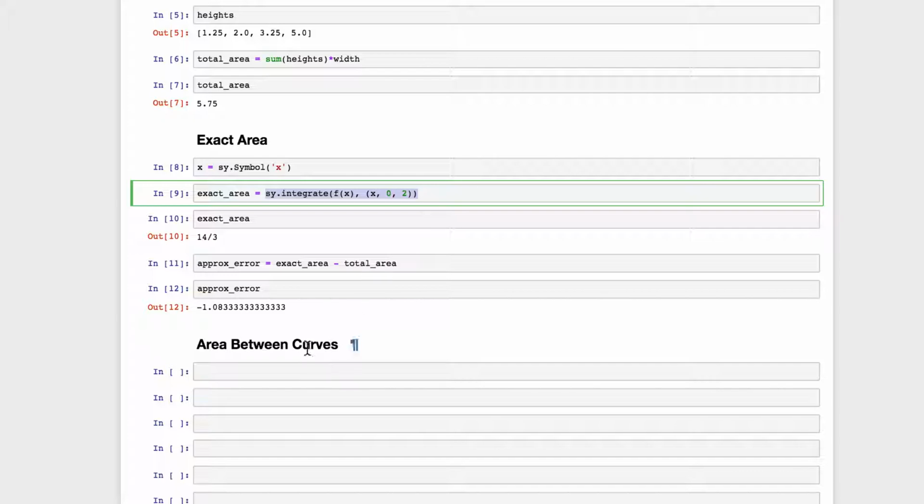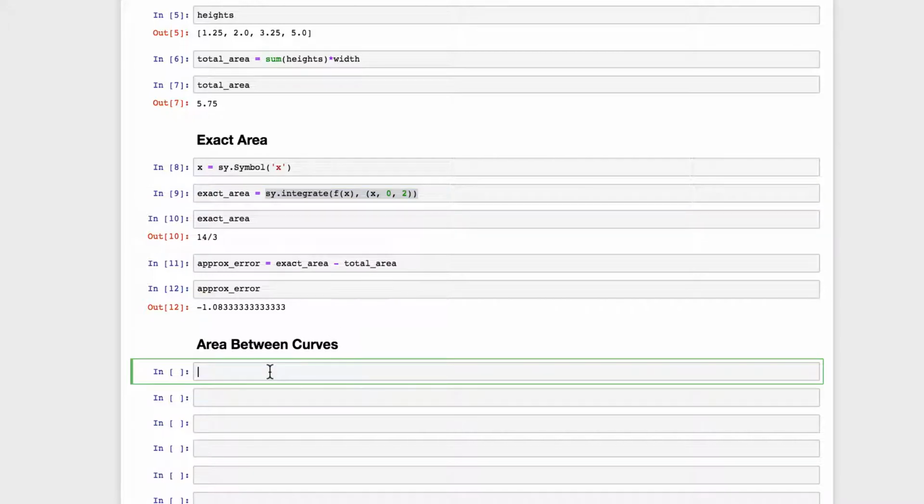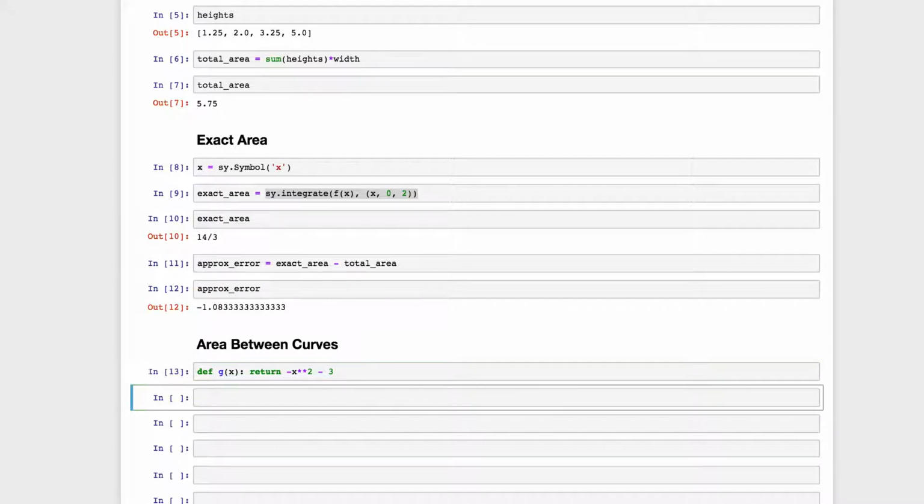And similarly, what we could do is we could have an area that's defined by a boundary between 2 curves. So if I have another function, g of x, maybe this one is negative x squared minus 3.